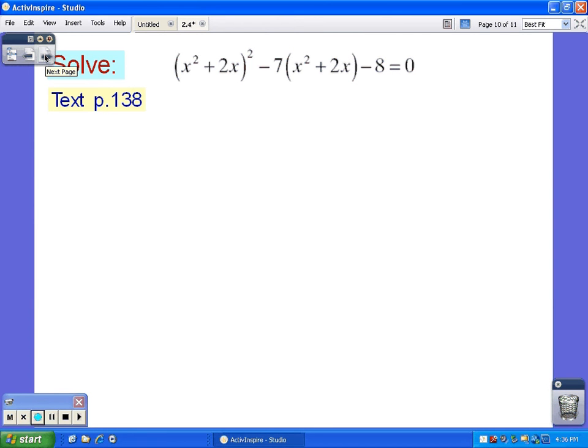And if you'll notice here, this is also quadratic in form, but instead of just x, they have put x squared plus 2x that is squared. So the method that they use for Hawks is for us to use substitution. We're going to take another variable, let's call it k, and it's going to be equal to that x squared plus 2x.